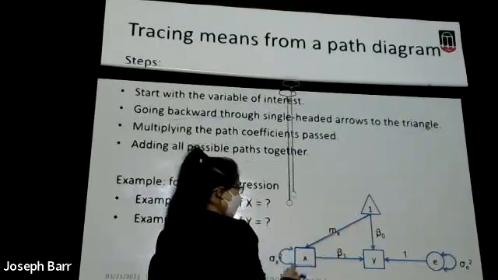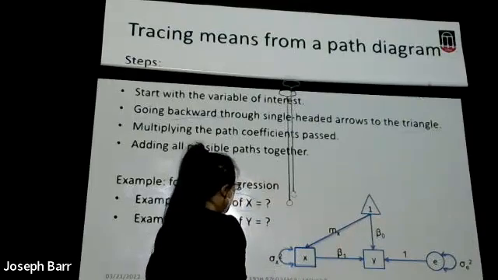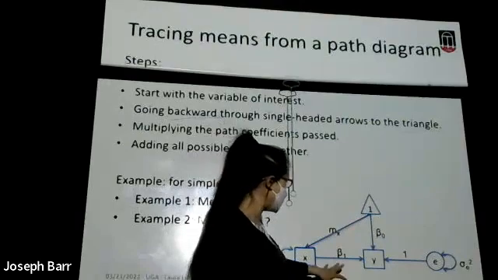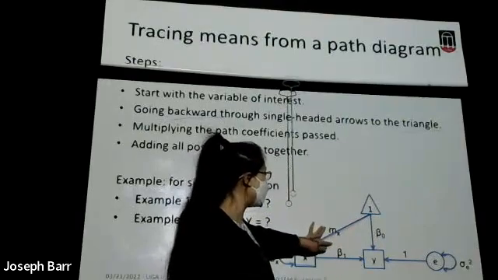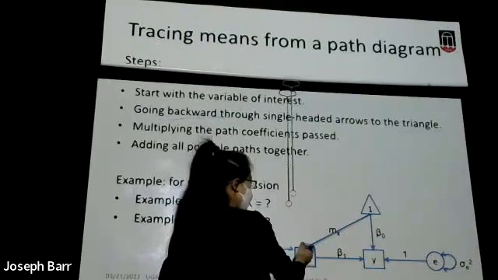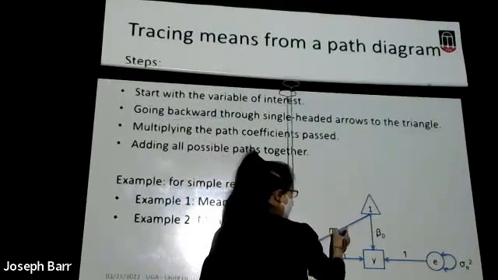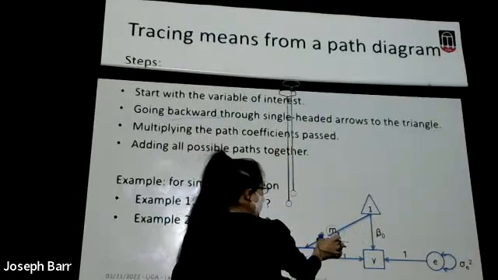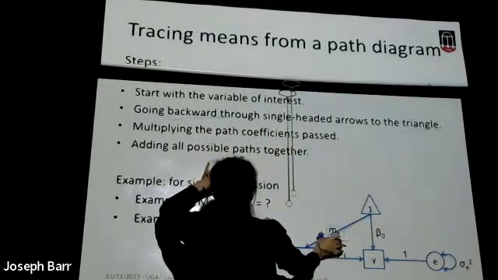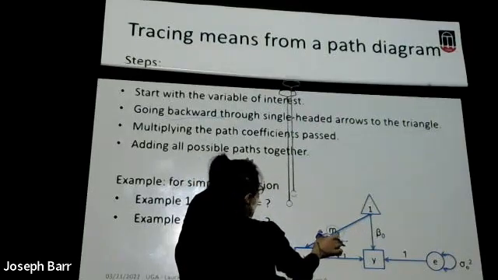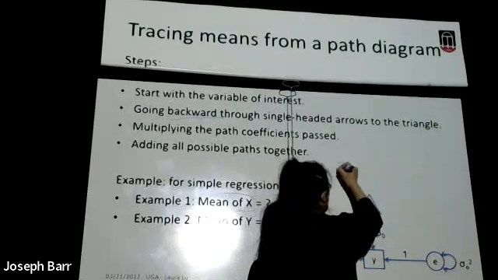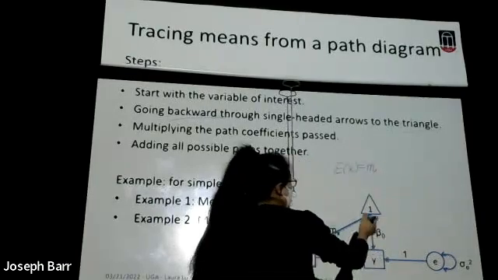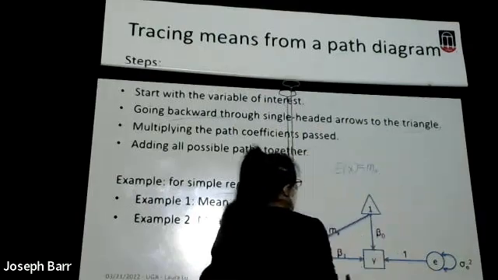This is the path. This is the only one. We don't have any other single-headed arrow going to x. So this is the one component. Start from x, go back to 1, multiply the coefficient we just passed, and add all possible paths. This is the only possible path. So the mean of x is just mx. Of course, you can multiply by 1, but it doesn't matter here.